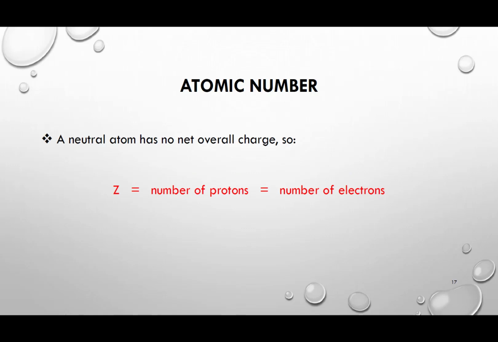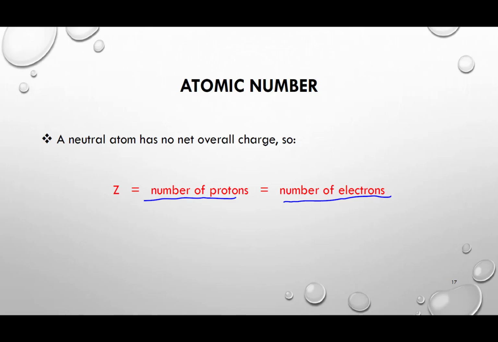Then when you have a neutral atom, that means the atom is not charged at all. Its atomic number is equal to the number of electrons. In a neutral atom, the number of protons is equal to the number of electrons.